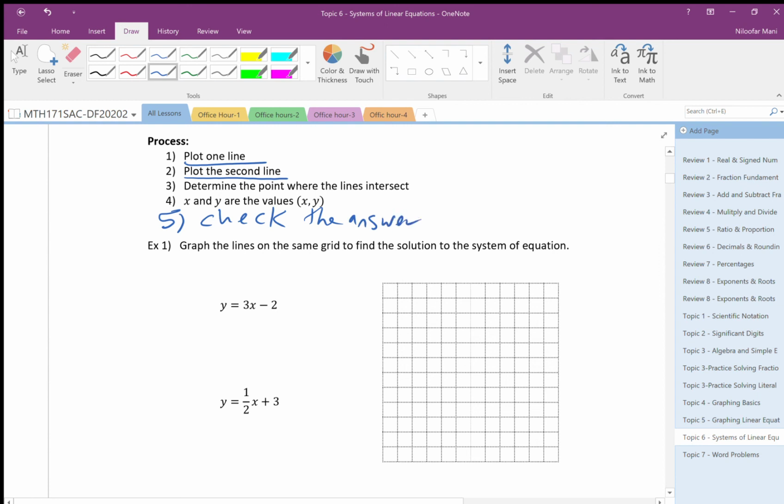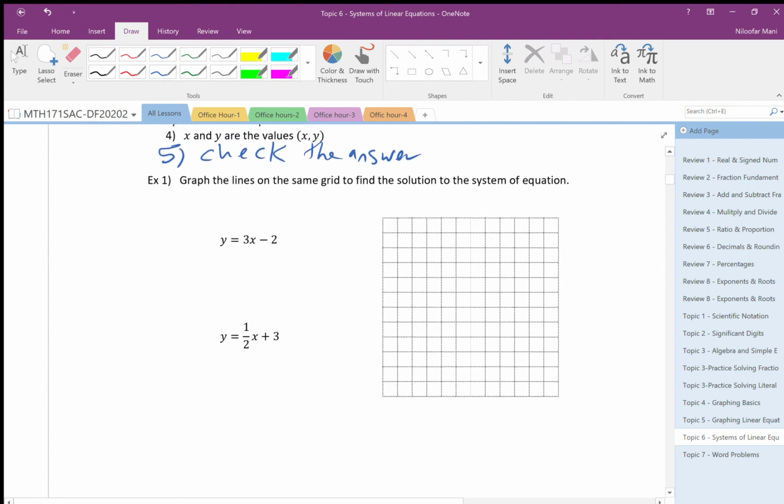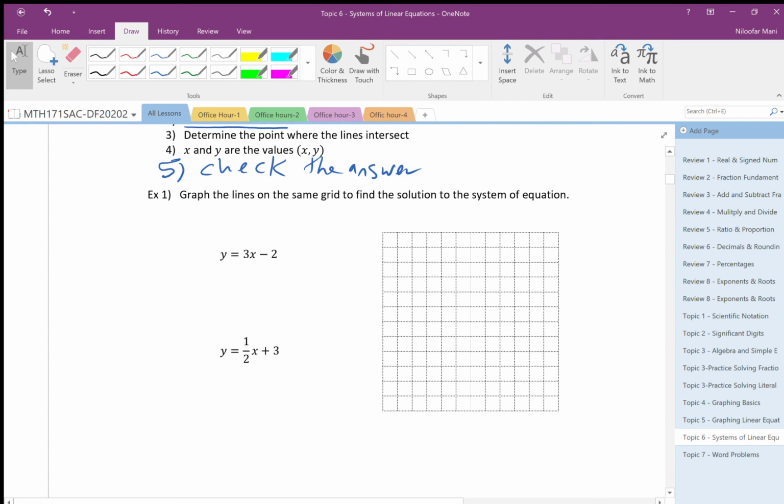Okay, so here, for example, I have two equations, both of them in slope-intercept form. It doesn't matter, but it's easier for me if I have it in this form. If I have it in standard form, then I have to change it to this because I want to graph it. Okay, so now I can graph the lines and see where the intersection is.